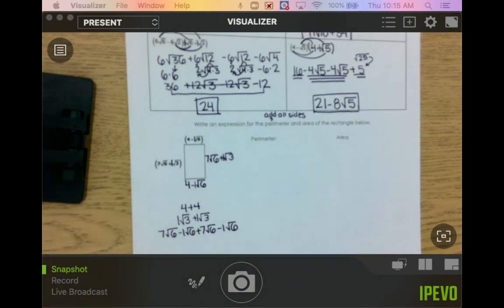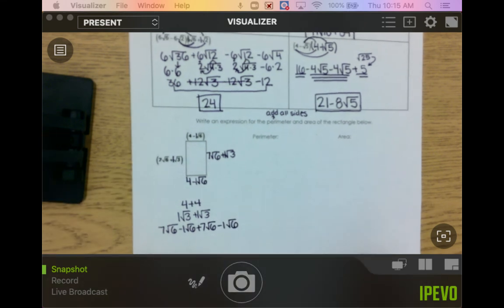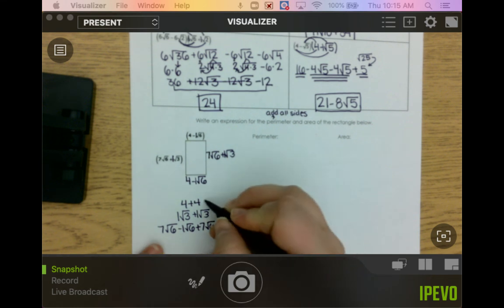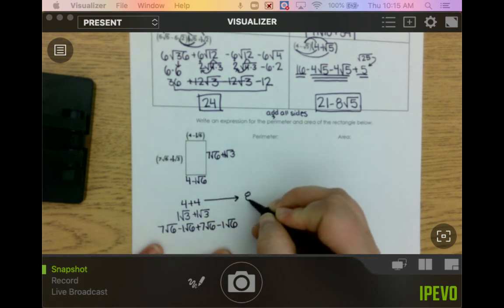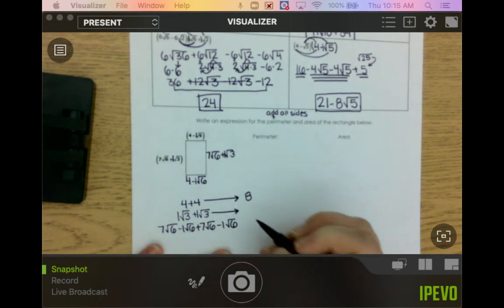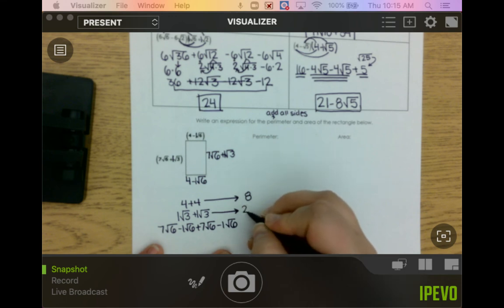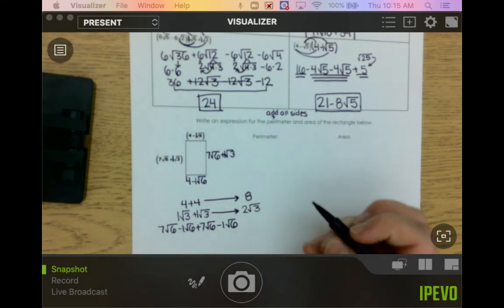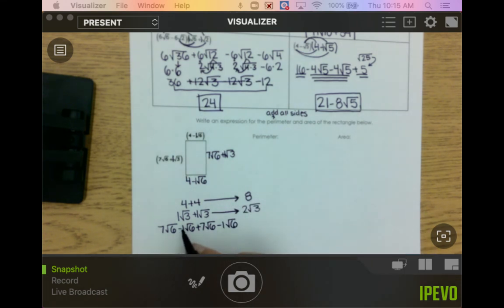So I'm just grouping these based off of what their square root is. So this is just going to be 8. This is going to add up to 2 of those square roots of 3's. And this is going to be 7 minus 1, which is 6, plus 7, which is 13, minus 1, which is 12.